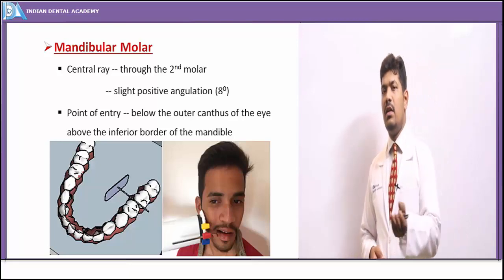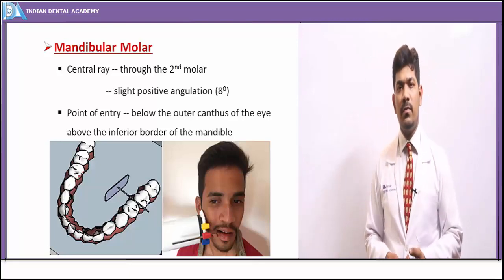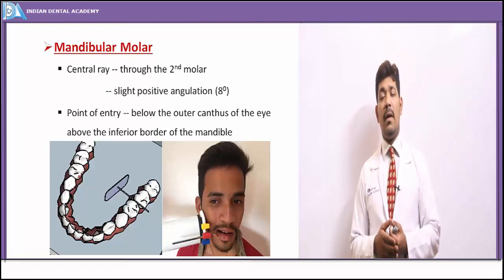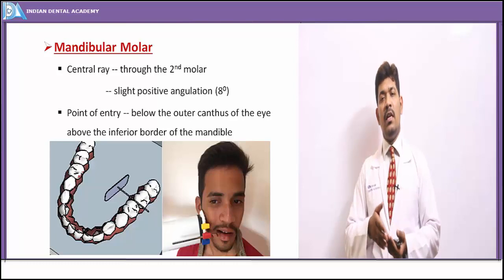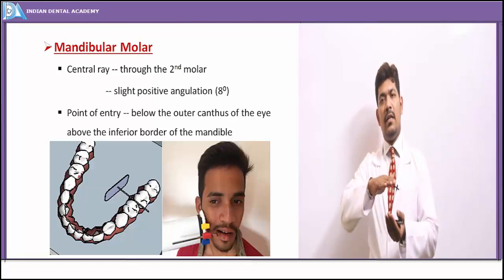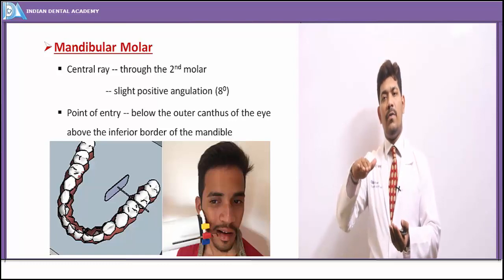Now we all know the curve of Monson, which positions the mandibular molars and the maxillary molars along the arc of a circle.